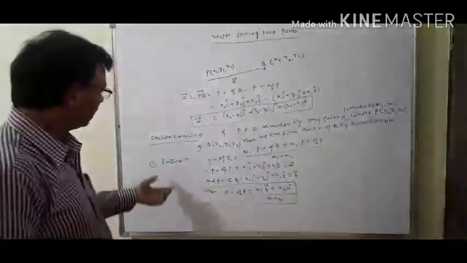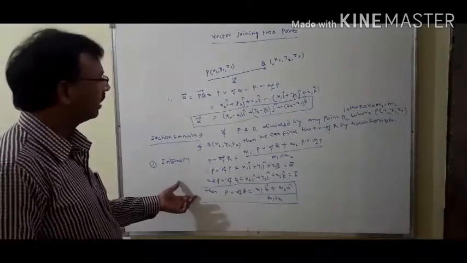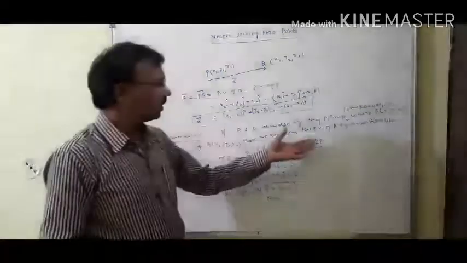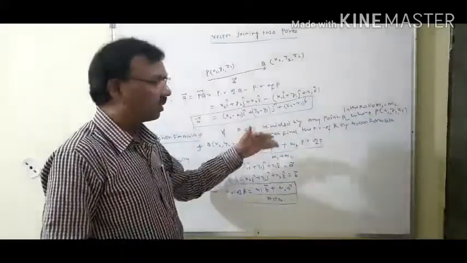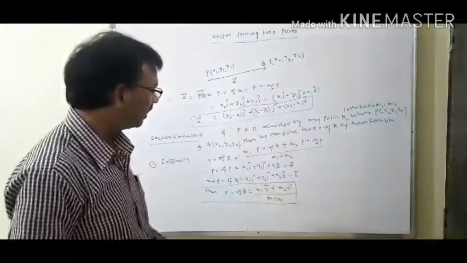This is by internal division. When point R divides PQ from outside, this is known as external division.